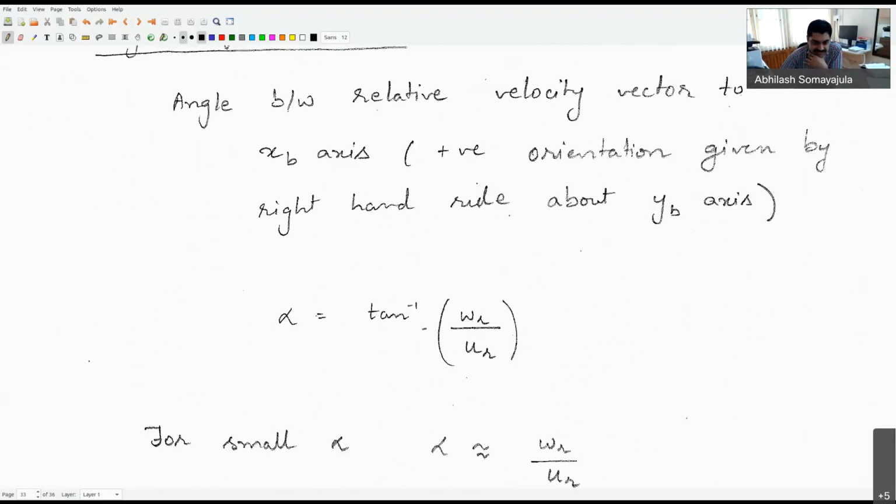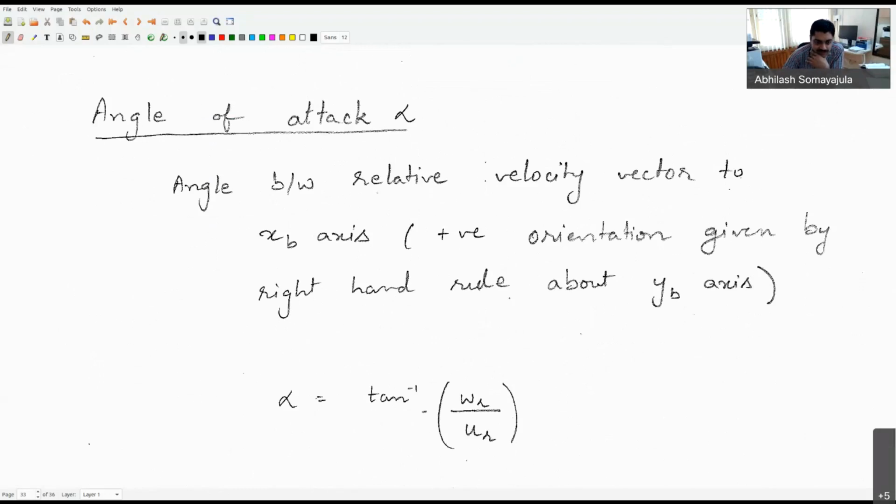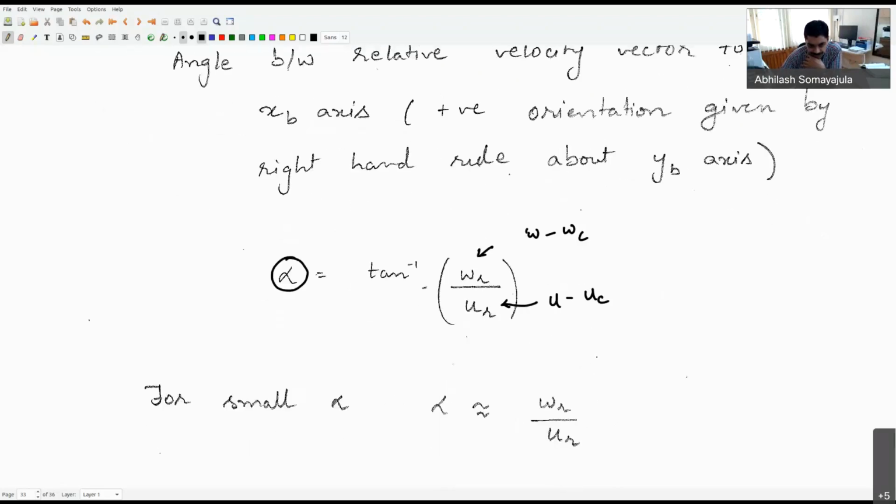So this value of alpha can be denoted as tan inverse of WR by UR, where WR was W minus WC and UR was U minus UC, where UC, VC and WC were the X, Y, and Z components of the current velocity.